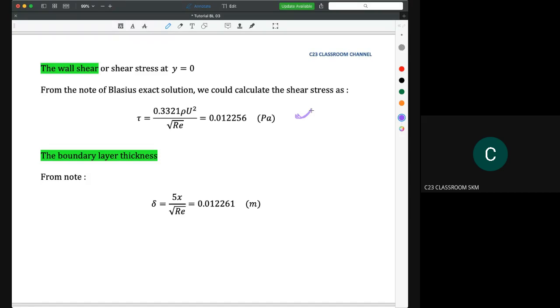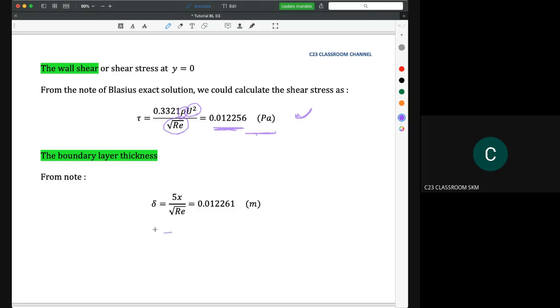So we substitute the value of rho, the value of u, and also the square root Reynolds number here. So we could calculate the shear stress as 0.012256 Pascal.